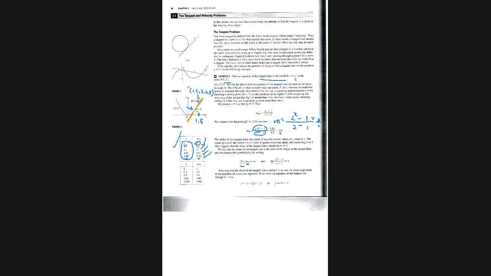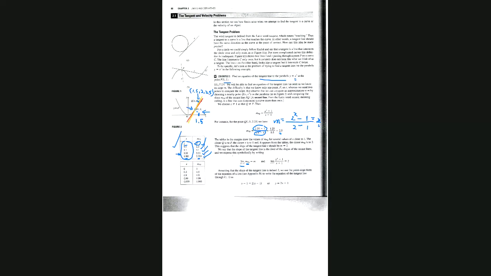And then in the second table, they're approaching x equals 1 from the right, by 2, 1.5, 1.1, 1.01, 1.001.